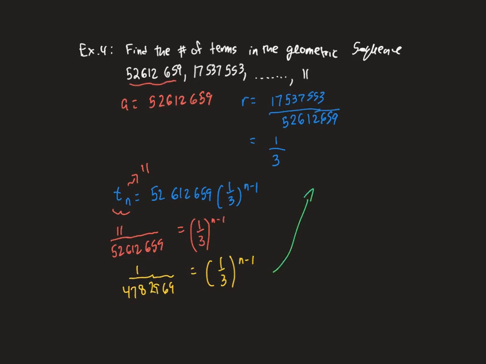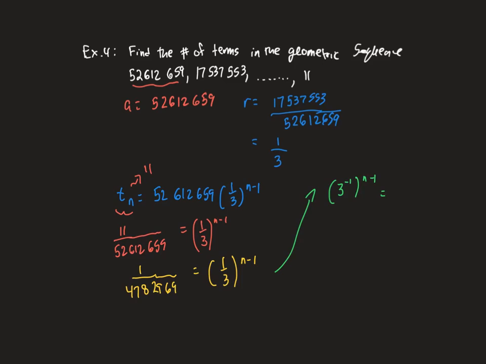Alright, so if I brought my 1/3, I can make this 3 to the power of -1. n minus 1 is equal to... let's bring the bottom up as well, so let's make this 4782969 to the power of -1, because that's how you bring it up.